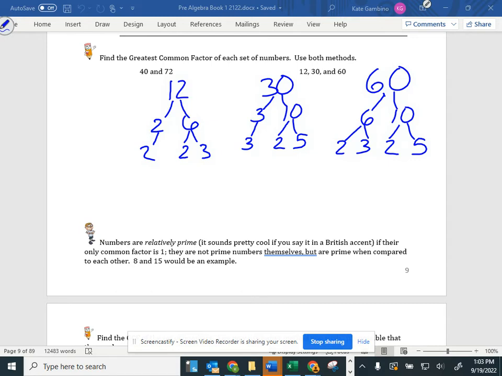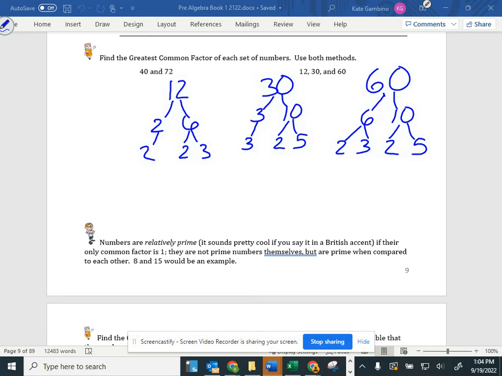Do I have to use the same factor buddies you're using as before? So when we're working it through in class, I'm going to ask that you use the same factor buddies so it makes sense. So what I circle, you're circling, and we get the same answers. If you do one that's different, I guess it's okay as long as you end up with the same primes at the end. Yeah, I did 30 and 2.